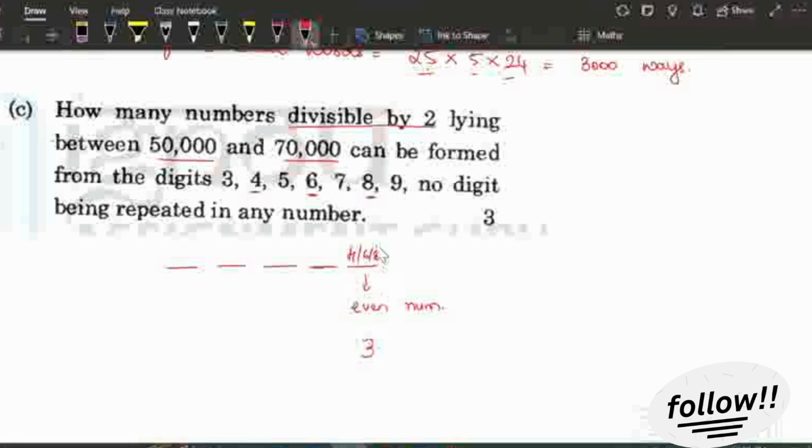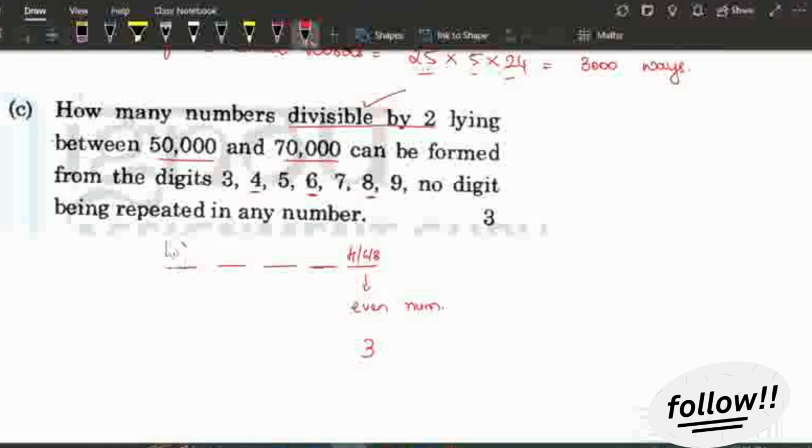Now, for the remaining digits, do we have any restriction? Yes. First thing is number should be divisible by 2. Therefore, I have considered an even number here, which is 4, 6, and 8. Now, the number should be greater than 50,000 and less than 70,000.